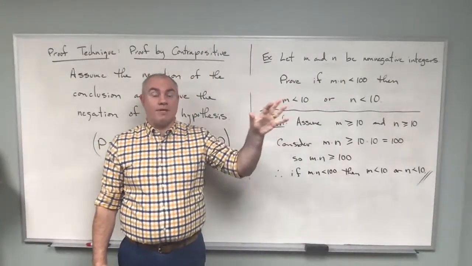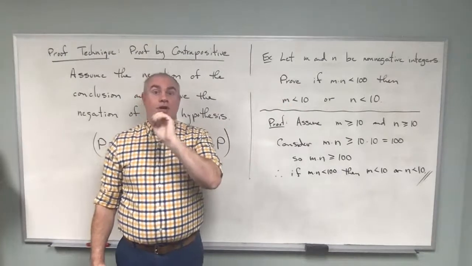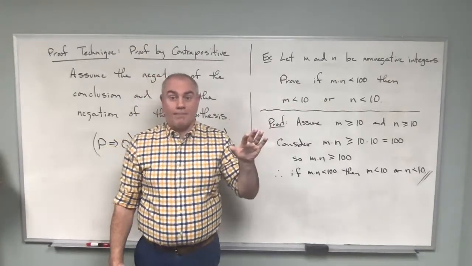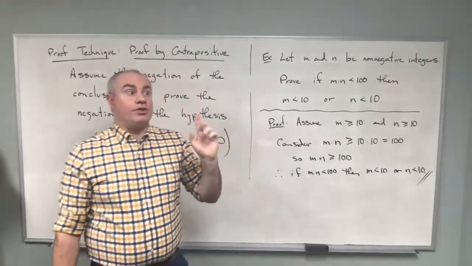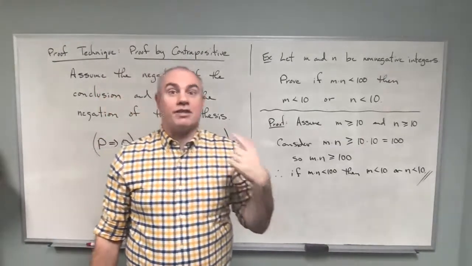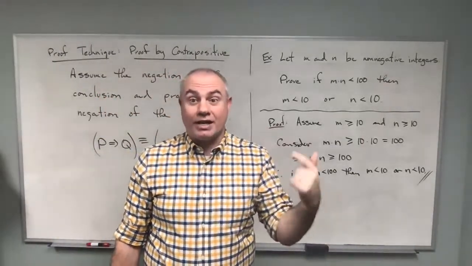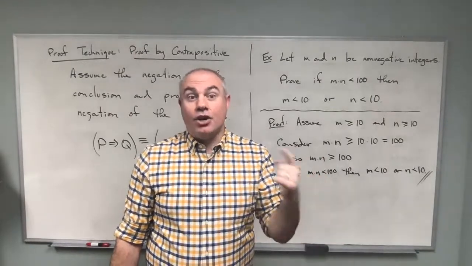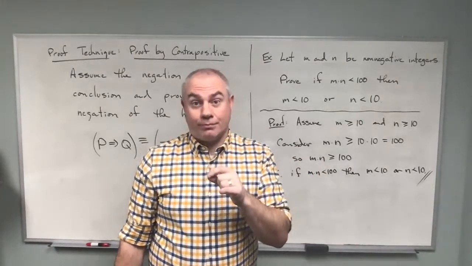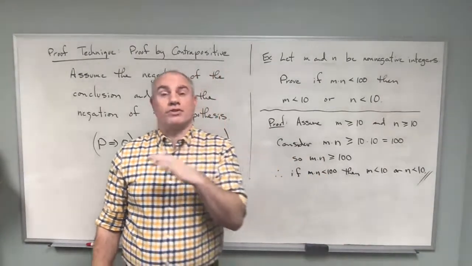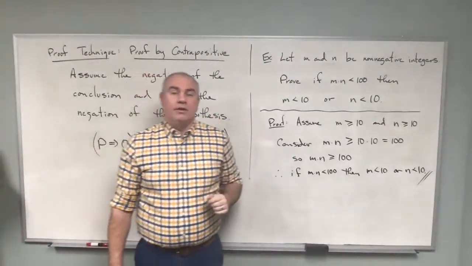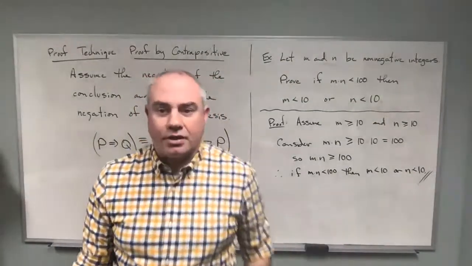Instead of starting at P and ending at Q, you're starting at not Q and ending at not P. So if you think of it that way, a contrapositive proof is actually a direct proof, not a contradiction proof. A contradiction proof is almost like a whole different thing. Hopefully that answers your question.